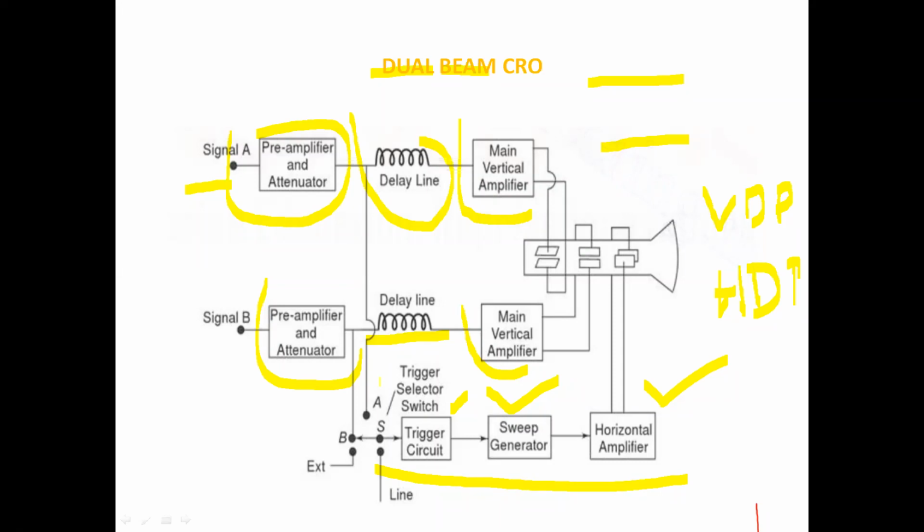Otherwise, they must be related harmonically in order to obtain both beams locked on the CRT screen.